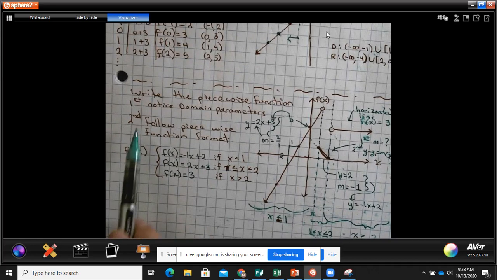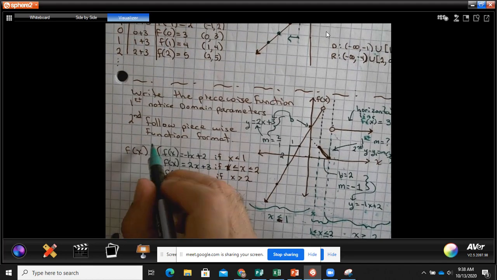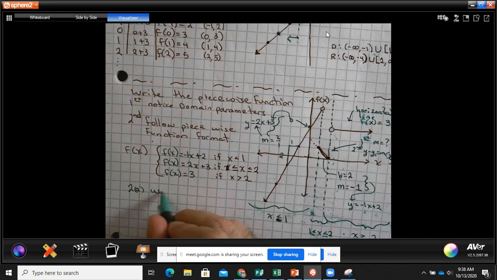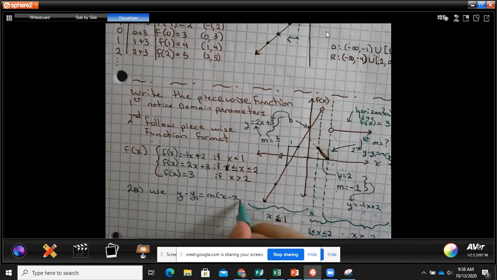So on step 2, there was an embedded step, let's call it 2a: use y minus y sub 1 equals m times x minus x sub 1.